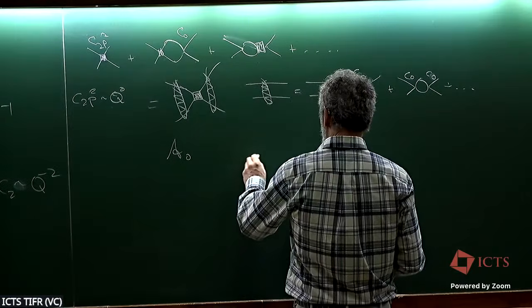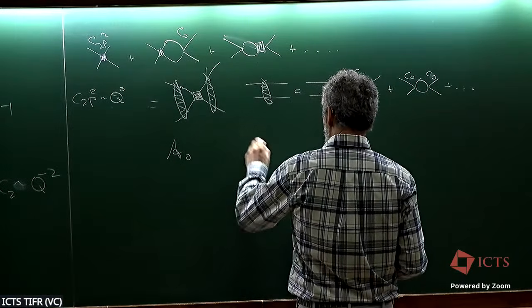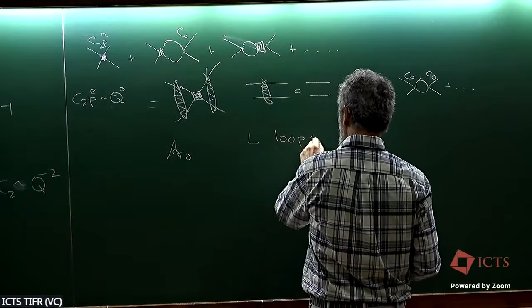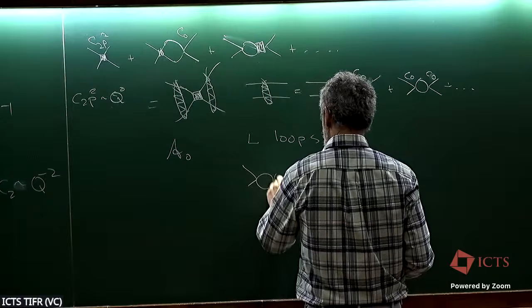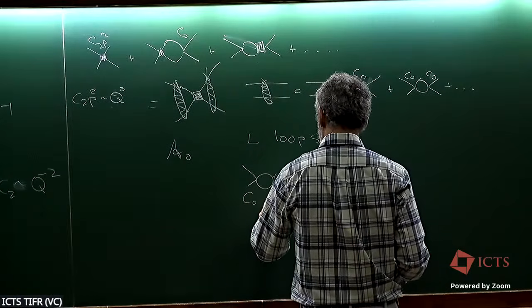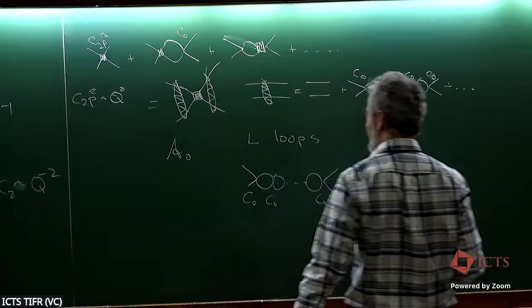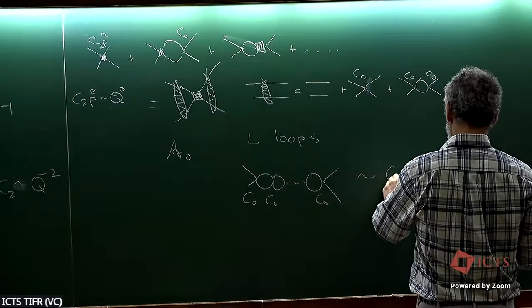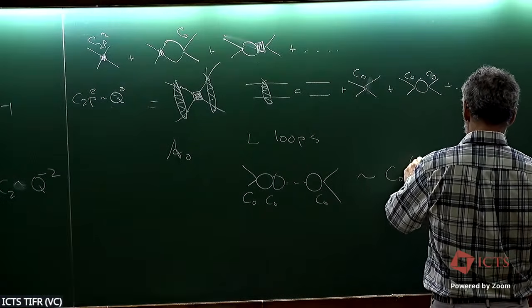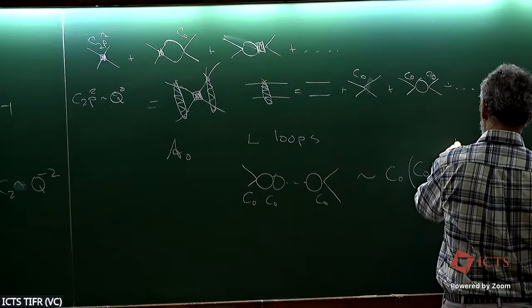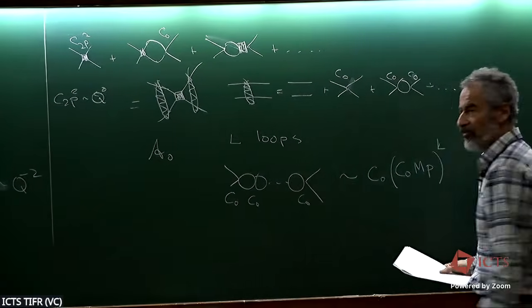If we have L loops, and we look at these diagrams contributing to A minus 1 with just C0s here, this goes like C0 times C0 MP to the L. We get an M and a P from every loop.